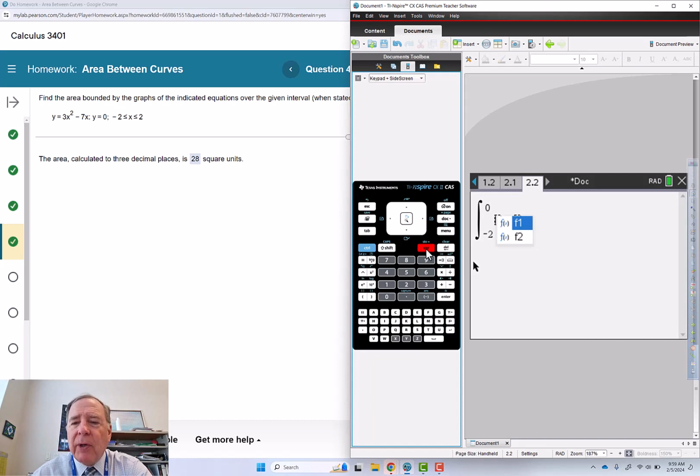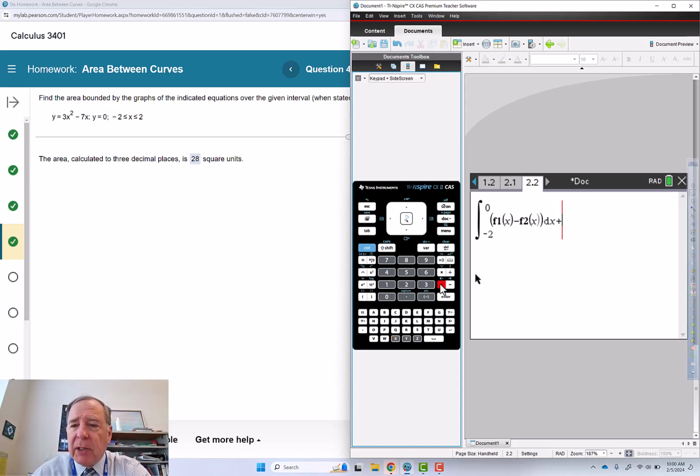Tab. Now my parabola is the upper one, so f1 of x minus f2 of x. I could have just put in 0 if I wanted to. Tab dx. Now I need to do another integral for the other part. I need to right arrow to break out of the little dx.